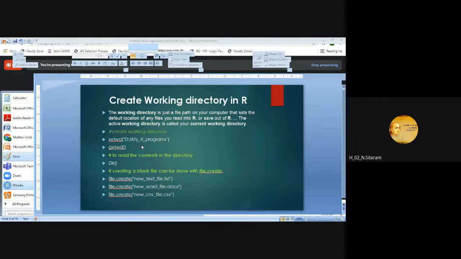Go in the D drive and make that folder name my_R_programs and keep it over there, then do this command. Whenever you are accessing a folder, that folder should be readily available. Please note that. Some software will pop up a message that the folder is not available, do you want to create it? But some software expect you to do it first, and then you do this.